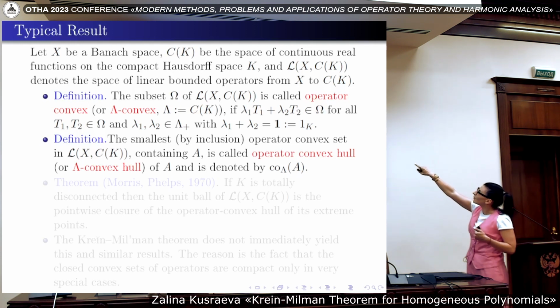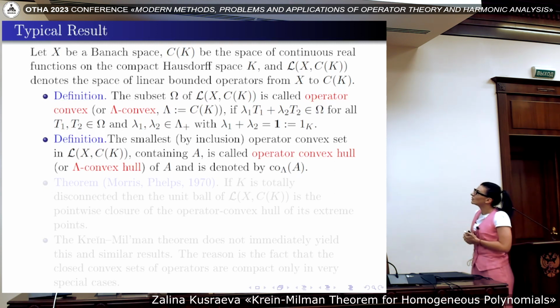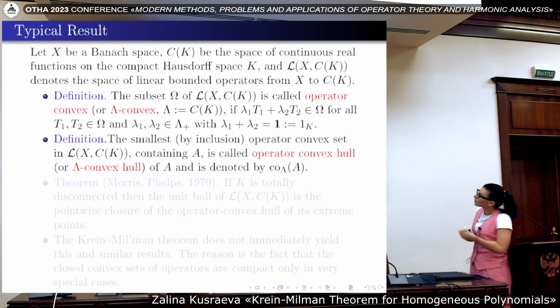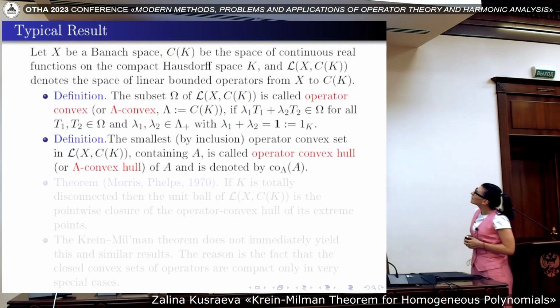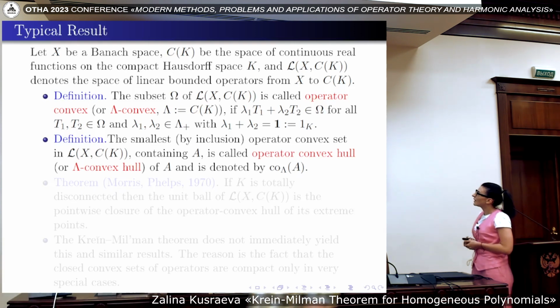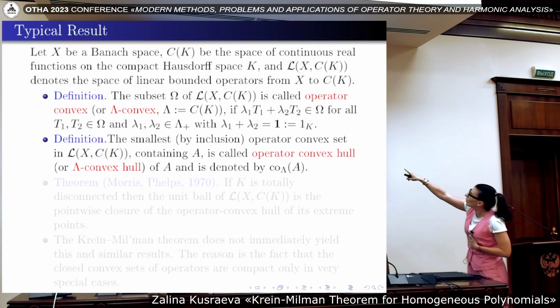The convex combination lambda 1 T1 plus lambda 2 T2 is in omega for all T1, T2 in omega, and lambda 1, lambda 2 in lambda plus, which means they are positive functions, because we denoted lambda like C(K), and the sum of lambda 1 and lambda 2 is the unit on the compact Hausdorff space K. And also one more definition: the smallest by inclusion operator convex set in L(X, C(K)) containing A is called the operator convex hull, just the same as I defined it previously, and is denoted by this symbol co lambda A.